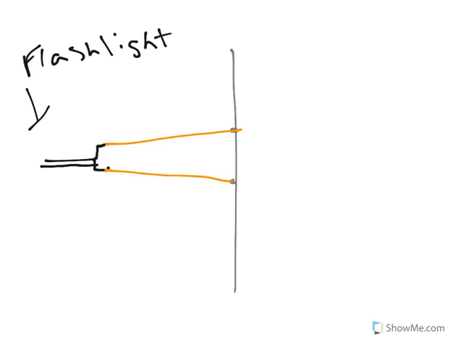But if we have a flashlight again, and now we put up a barrier way back here, the flashlight will now cover a wider range, and so we'll see light from here to here. So the farther you get away, the more light spreads out.